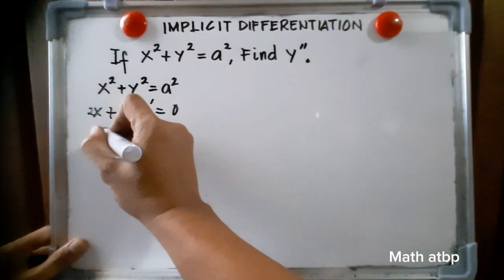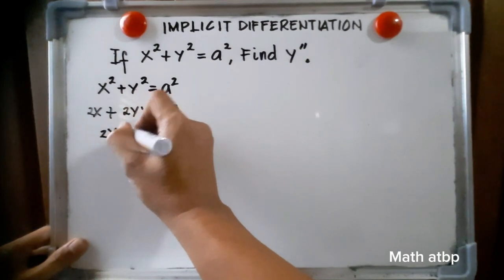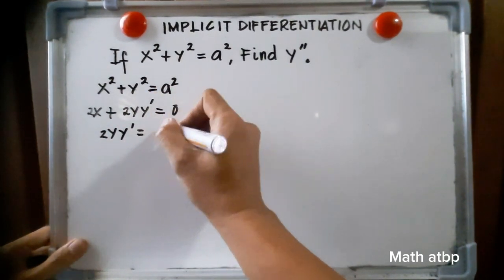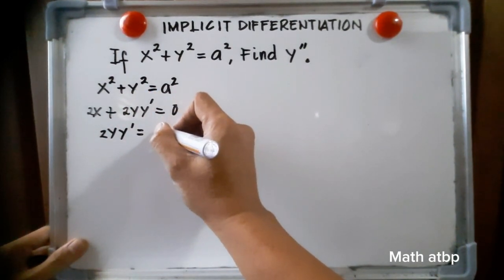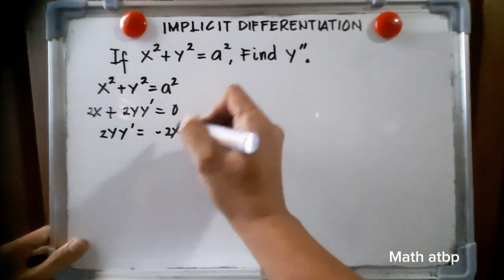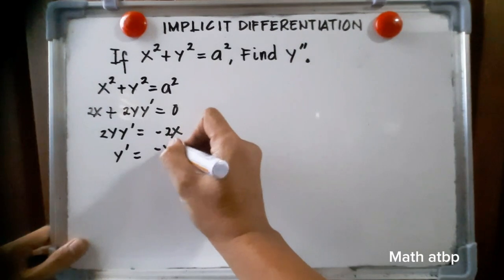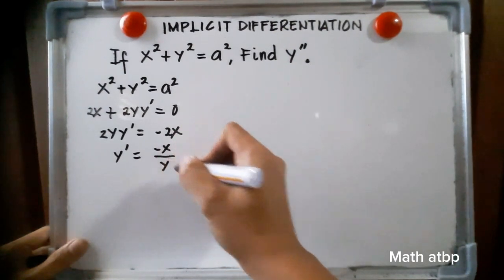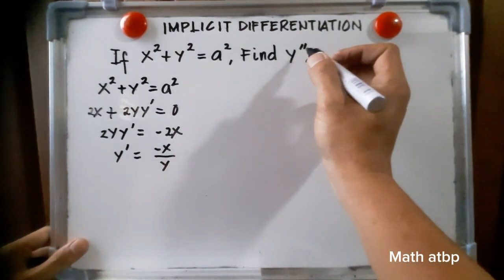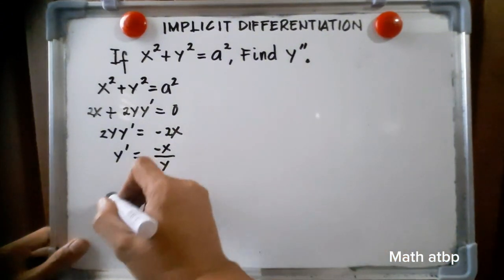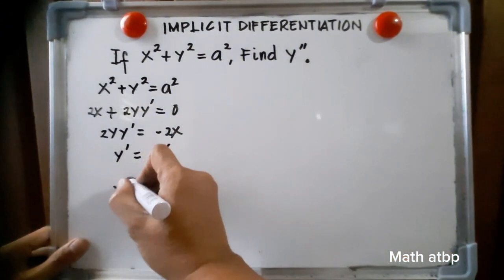Then we have 2y y prime equal to negative 2x, and y prime is equal to negative x over y. That is your y prime. But we're going to find y double prime. So let us differentiate this once again.